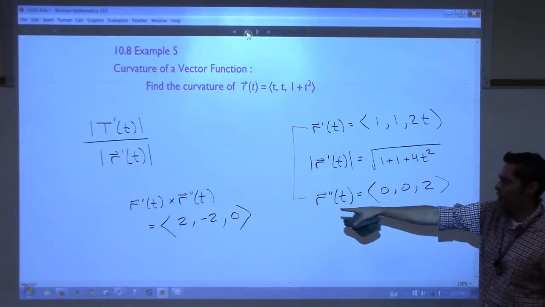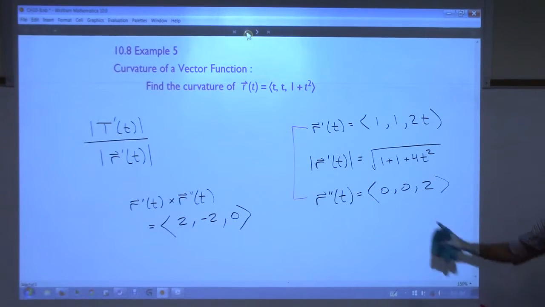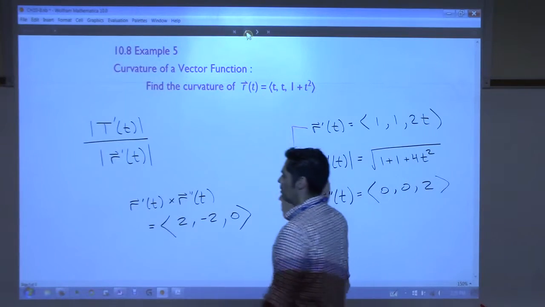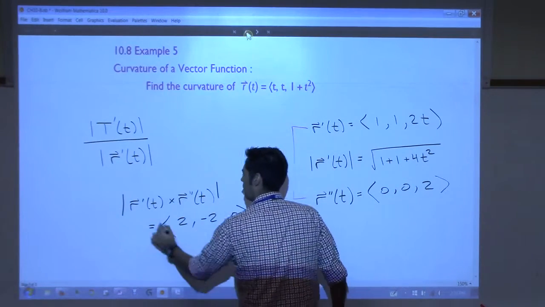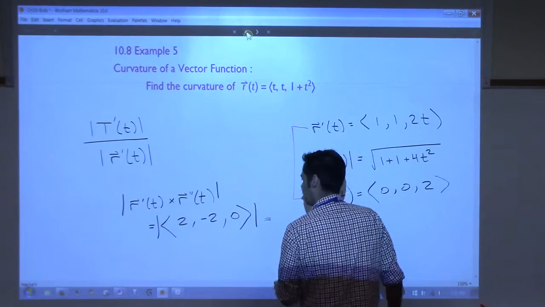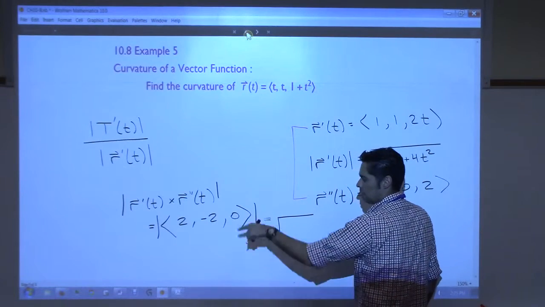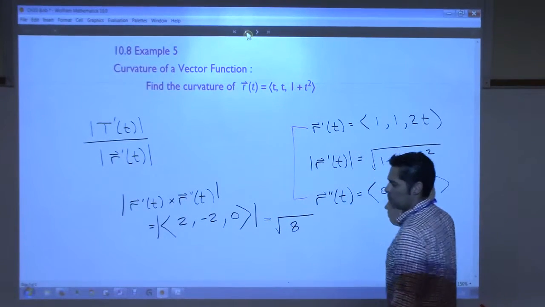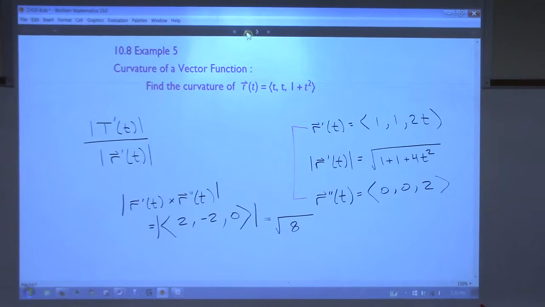What am I supposed to do with that in the formula? Find its magnitude. So what's the magnitude of this? Square root of 8, right? 4 plus 4.